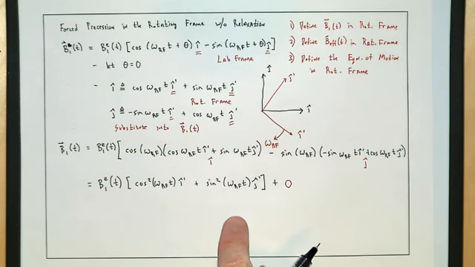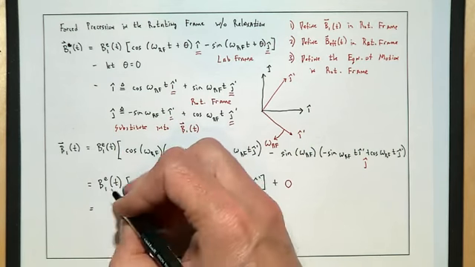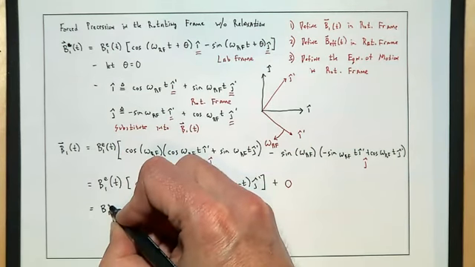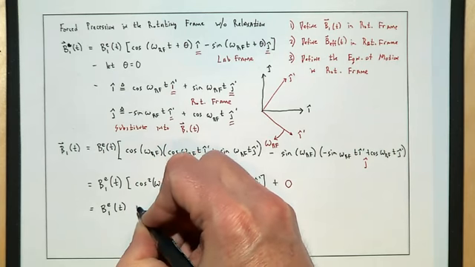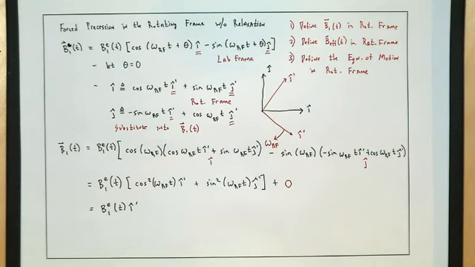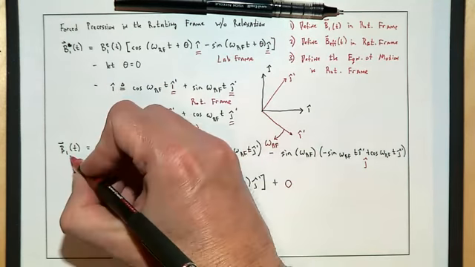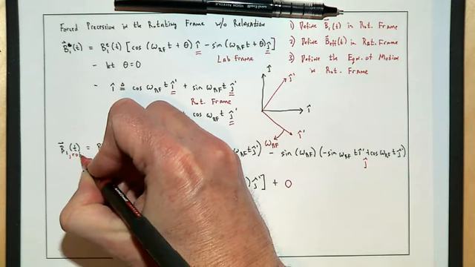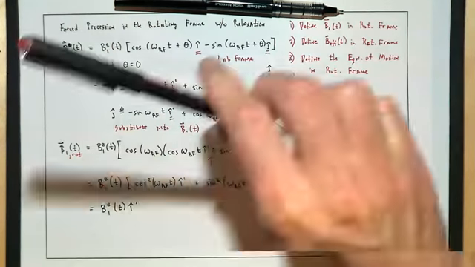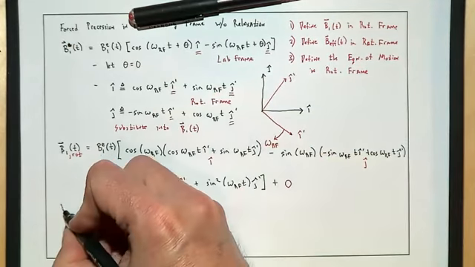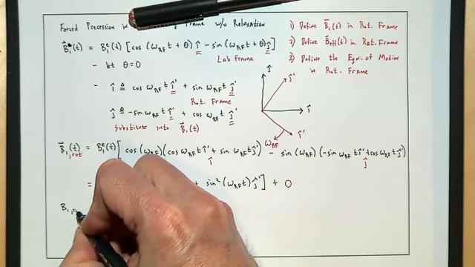We know the identity cosine squared plus sine squared equals 1. And so we just end up with our B1 envelope function as a function of time along the I hat prime direction. And so what does that mean? Well, I'm sorry, earlier on here I should have shown you that this was in the rotating frame, because the whole point of this was to define B1 rot.